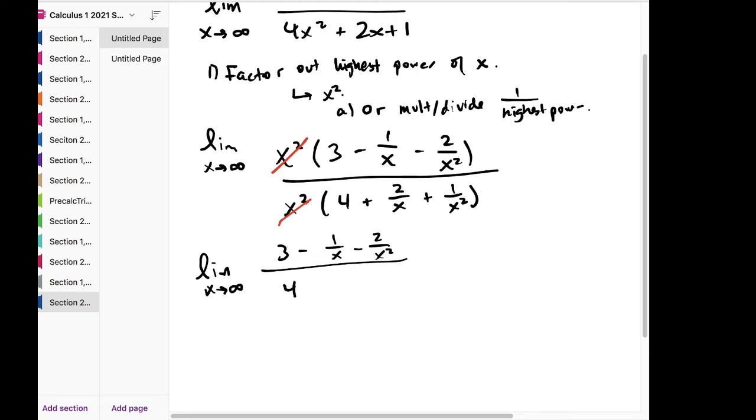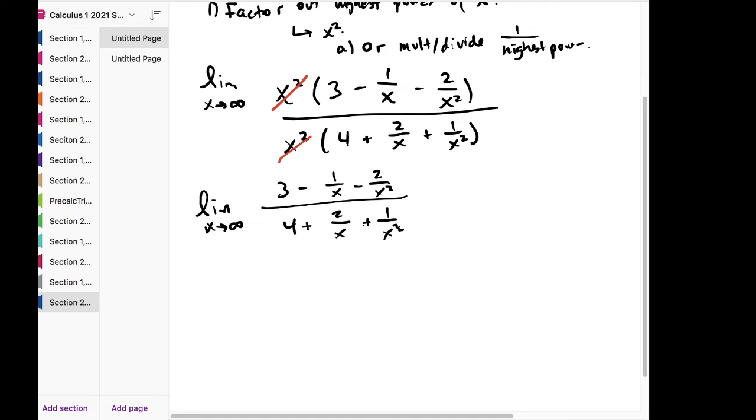Now what do we do from here? Why is this a nice form to find the limit? How do we continue this limit? Well, both of these limits exist, right? You take the limit of the numerator and denominator. What do you get?